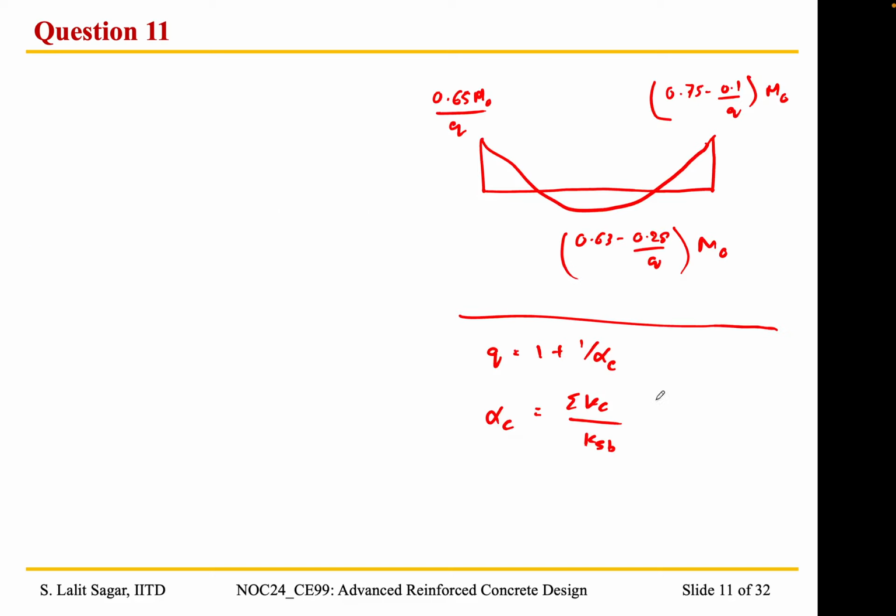We have 2 columns that are meeting, one above the level considered and one below, that is 4EIc by Lc into 2, we are considering 2 columns, divided by 4EIsb by L1.